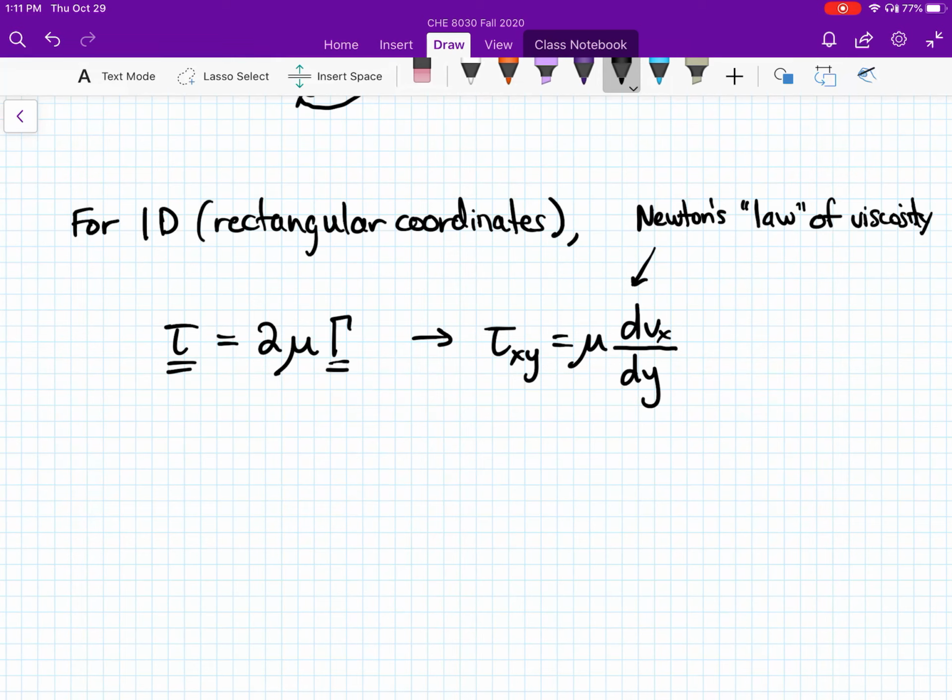My subscripts here. Second one is the easiest. The second one tells me the direction of flow. So if I were going to draw this problem, let's say I have fluid moving through a square duct. My coordinate system would look something like this.